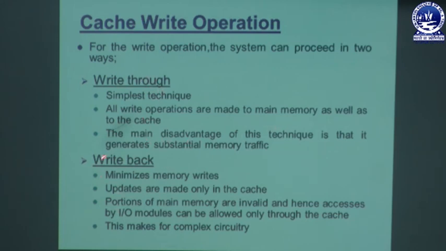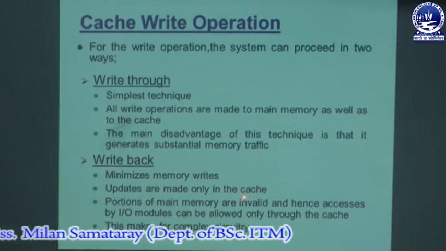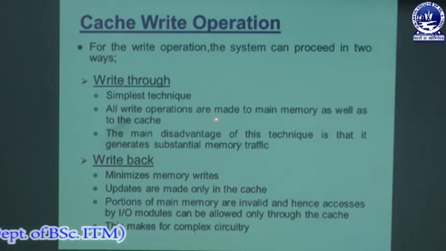But the write back protocol overcomes that disadvantage of write through. In this protocol the updates are made only in the cache, whereas in write through the updates are made in both the main memory and the cache memory. So in the write back protocol only the cache memory content is updated.